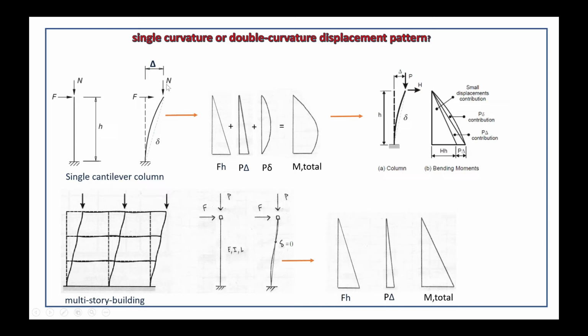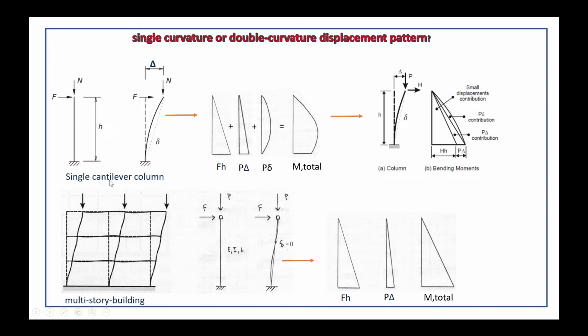Now in this symbol we use N is equal to P, and the total moment is the sum of the three moments. You can check for the bending moment for the big P delta, small P delta, and for the first order moment.